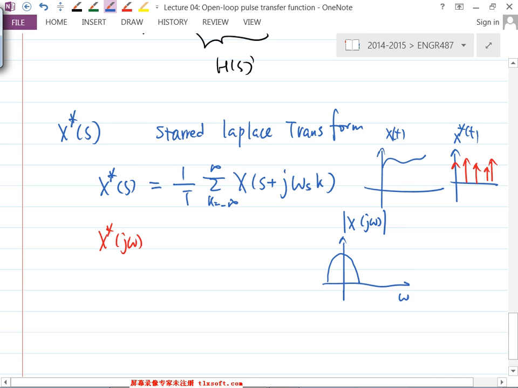Any system will always have a certain bandwidth, so let's say the bandwidth here is omega 1.